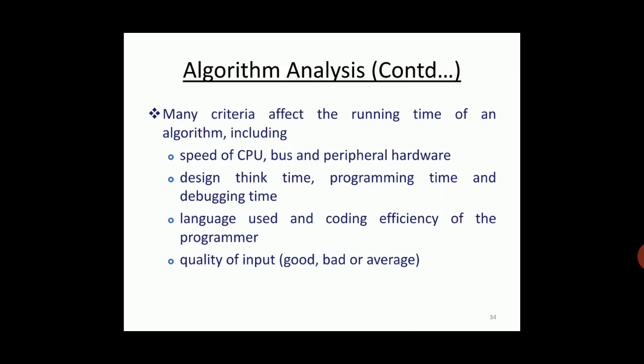First of all, everybody knows the CPU, the central processing unit. If your CPU has the latest hardware and peripheral devices, that means your processor is good, then the speed is enhanced. Also the design time, that is what type of design you use to develop the algorithm, the programming time and the debugging time. These are criteria affecting the running time of an algorithm.